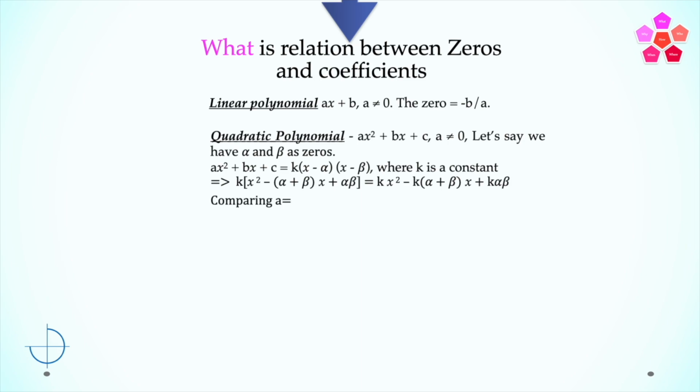Comparing, a is equal to k, b is equal to minus k multiplied by (alpha plus beta), and c is equal to k into alpha into beta. Here we can rightly see that alpha plus beta is equal to minus b by a and alpha into beta is equal to c by a.